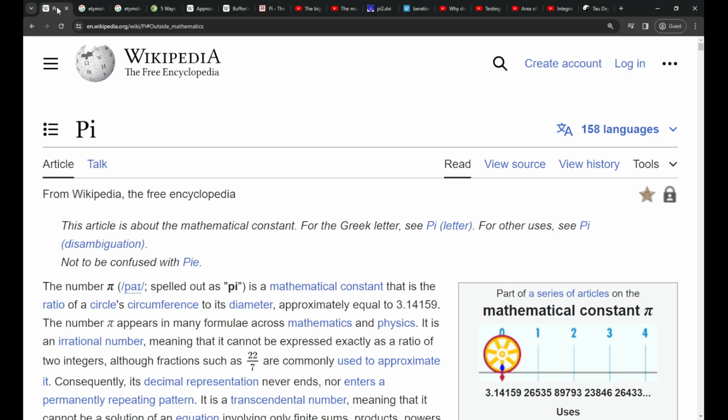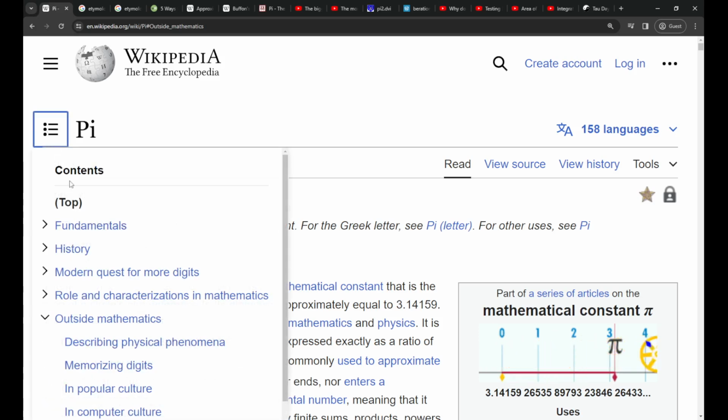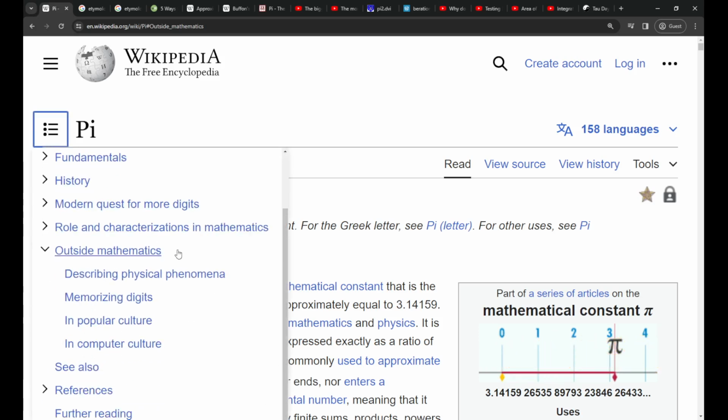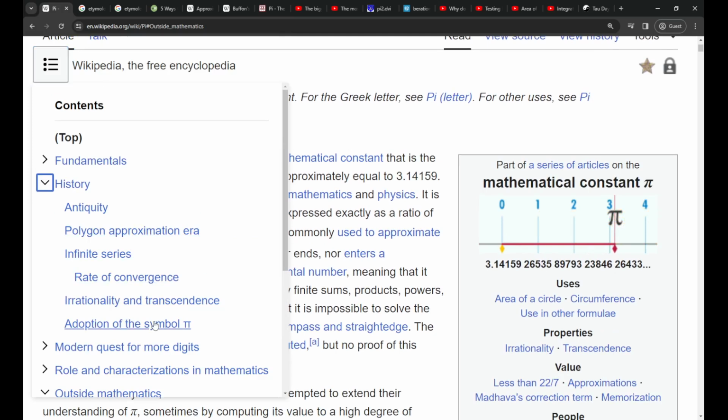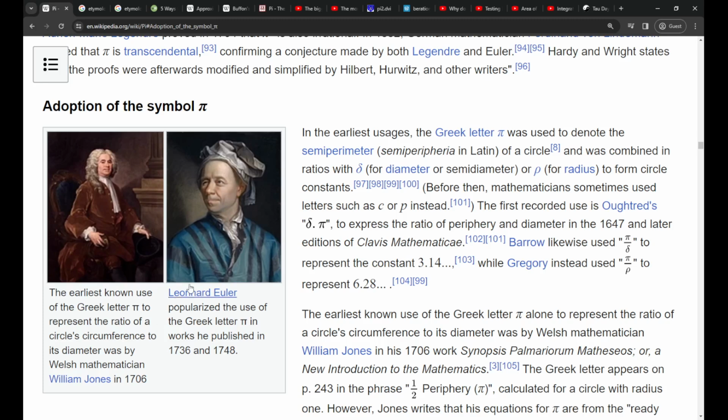Let's go back to the original pi article here, and let's see, history. Here we are. Adoption of the symbol, lowercase Greek pi. This is something I had never thought of before.